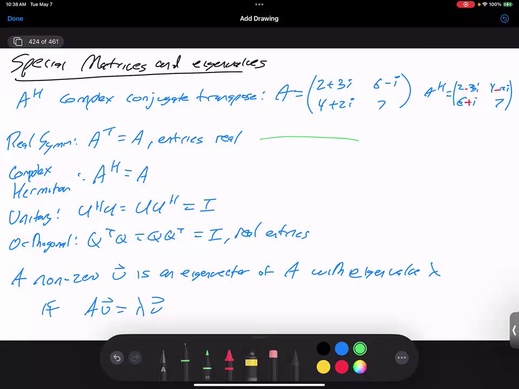And it turns out if A is real symmetric or complex Hermitian, then the eigenvalues are real. If A is unitary or orthogonal, the absolute value of the eigenvalue equals 1. So these are some really nice results about eigenvalues. And at least in the last case of unitary and orthogonal matrices, you can see there's a group structure.